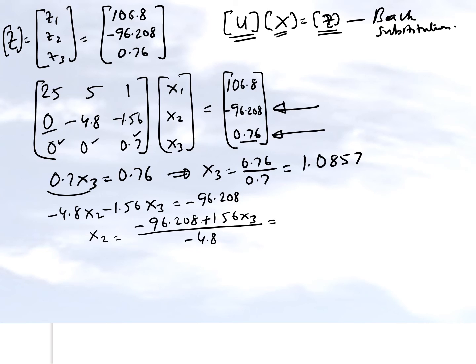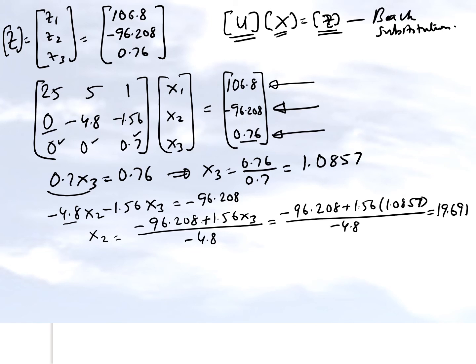So that's why I'm taking things to the right side and dividing by the coefficient of x2. So we get this quantity right here. And this number here turns out to be equal to 19.691.